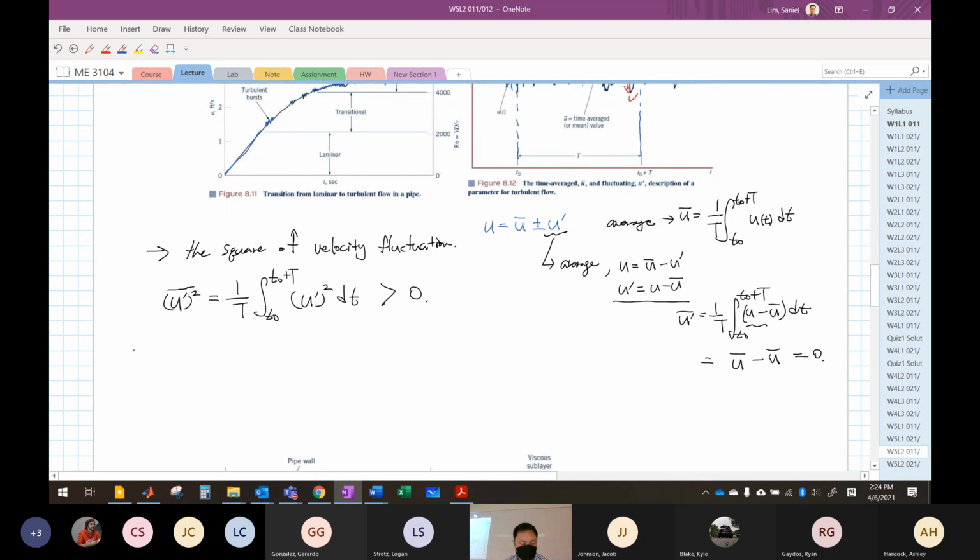Here we have another definition, called turbulent intensity.